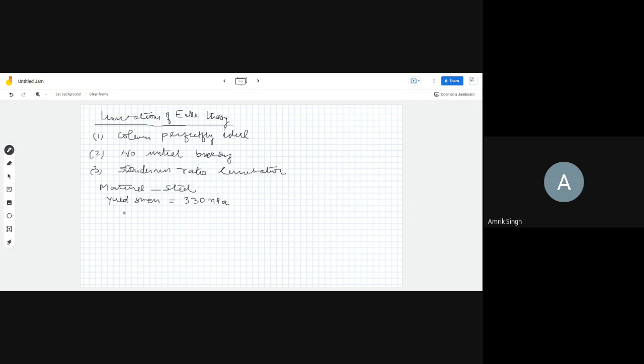Okay. And the modulus of elasticity, that is E, is around 210 gigapascal.